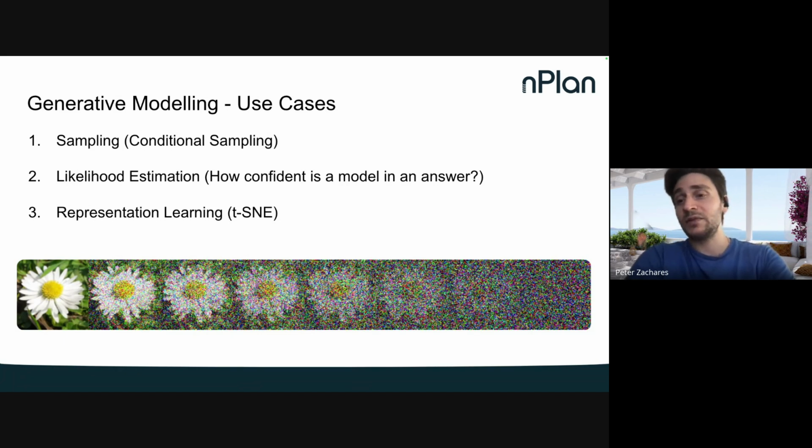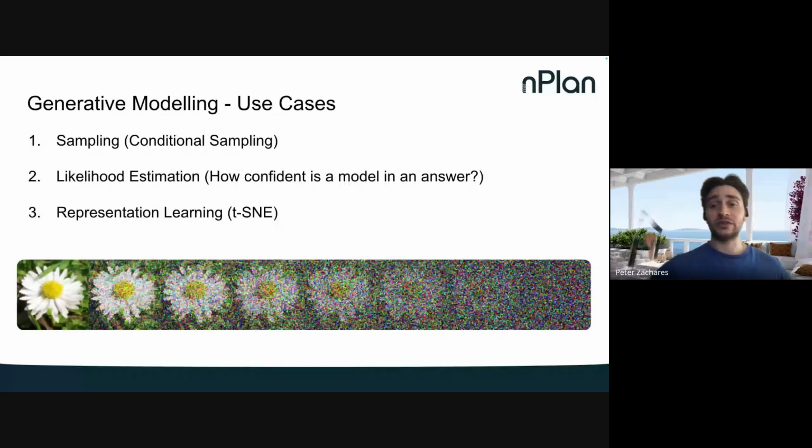That's called conditional sampling, because the beginning of the text is the conditioning text, and then you're sampling to get the rest of it. So one really important use case is sampling and conditional sampling, and I think we're going to continue to see that be really useful in so many different areas.